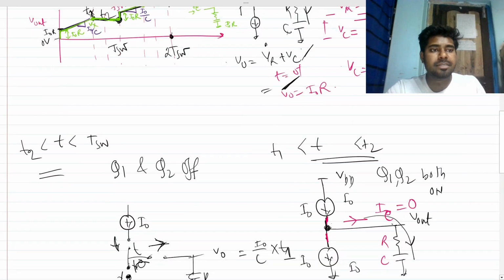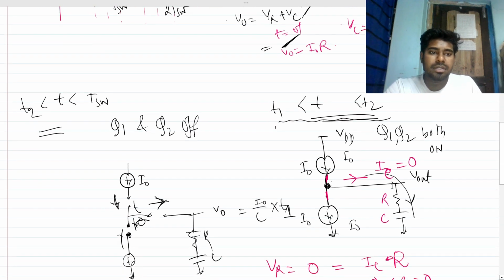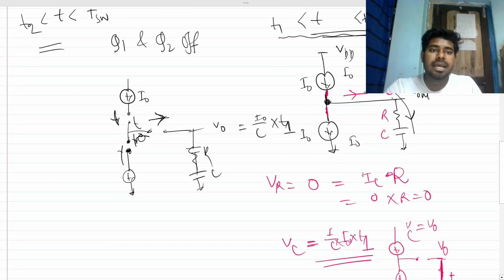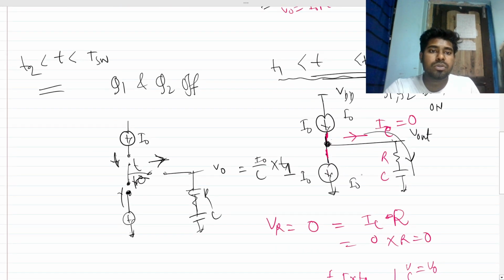I think I made a small mistake there during the time T greater than T1 and less than T2. The analysis was correct, but the waveform is not fully correct. When both of the switches are on, this IC is 0, so the V out actually will drop by this IR drop, right? Because previously your V out was VR plus VC.